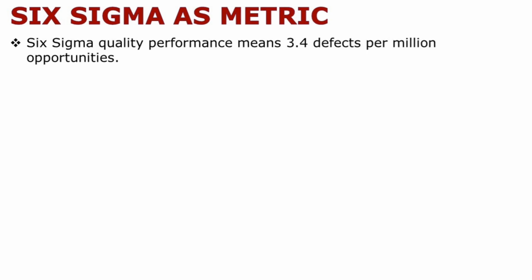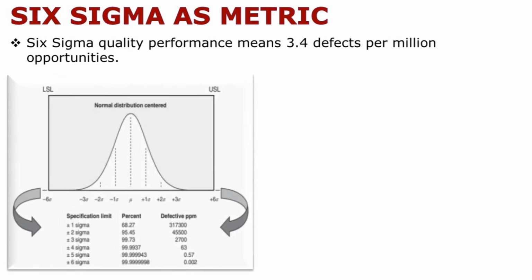The first curve represents the ideal Six Sigma scenario, where we achieve an impressive 99.999996% good products with only 0.002 defective parts per million.